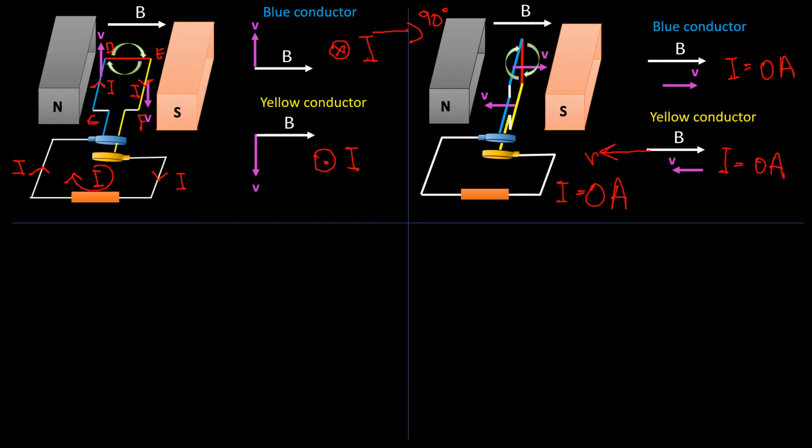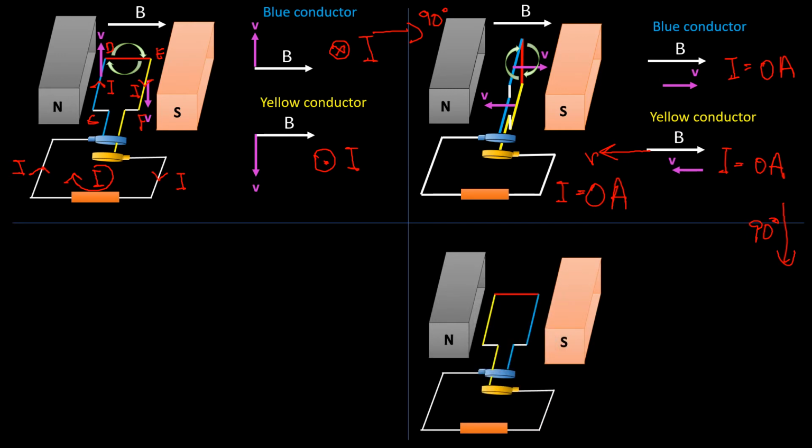So now, if the coil rotates another 90 degrees, your coil will be in this position. Your yellow conductor will move up 90 degrees and position at the left hand side of your coil, while the blue part of your coil will move down and position at the right hand side of your coil.